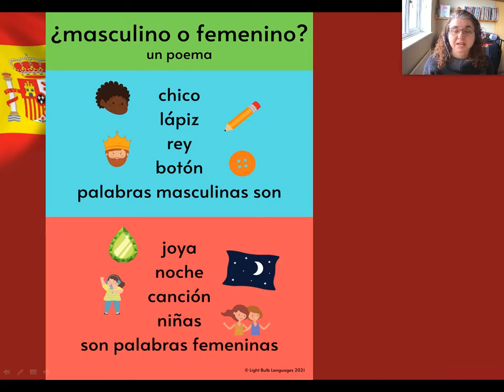Son palabras femeninas. Shall we try and say all of that verse together? Here we go. Joya, noche, canción, niñas, son palabras femeninas. Very good. Let's try the whole poem. We'll do the title as well.